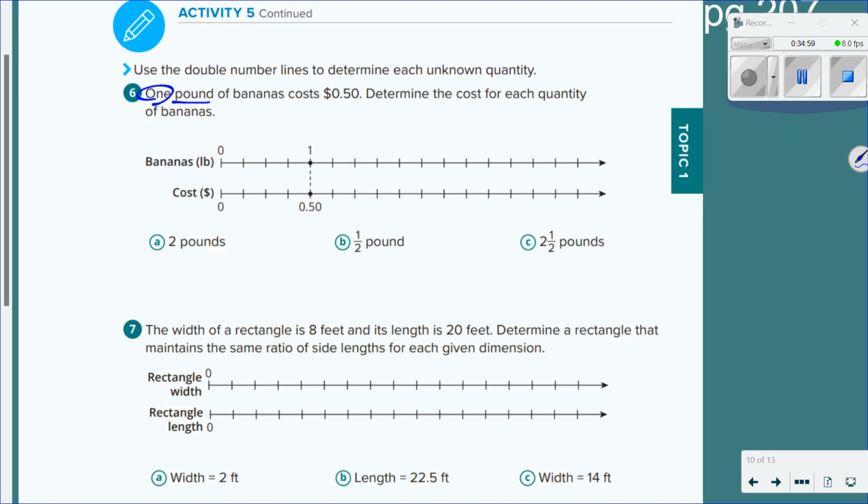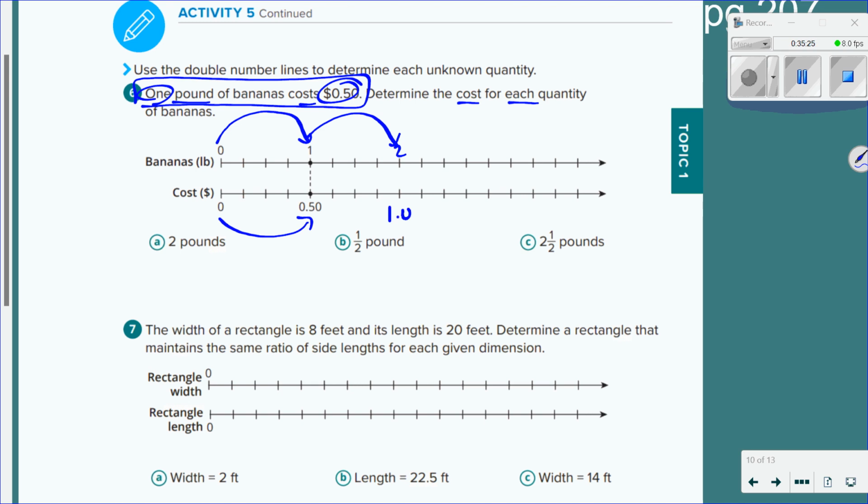So we have 1 pound of bananas, and it costs 50 cents. Determine the cost for each quantity of bananas. So they gave us our first interval. They said, okay, we're going to go every 4 on the top and every 4 on the bottom. But we're going to use our base of 1 pound and 50 cents. What that means is every 4 on the top is going up by 1.